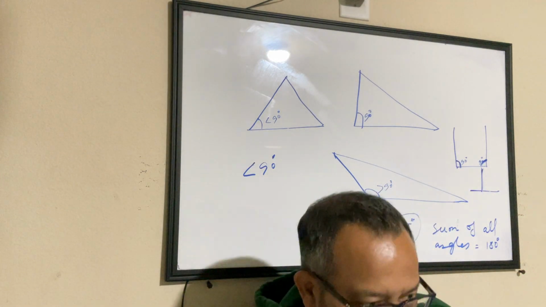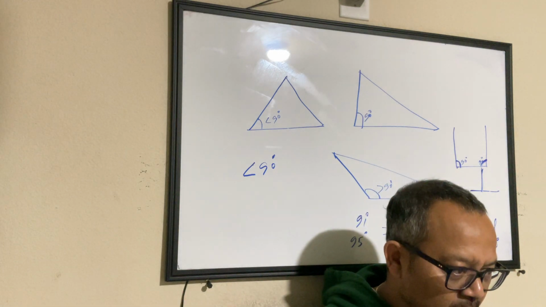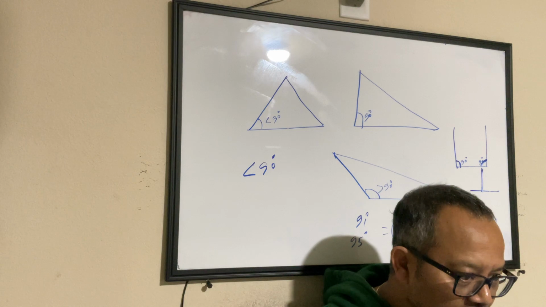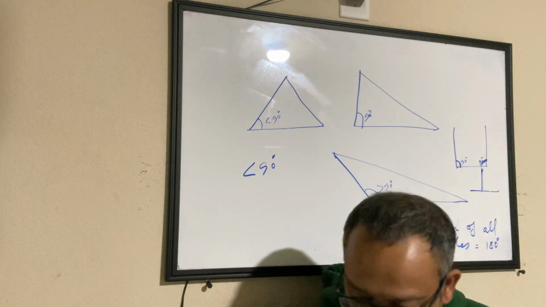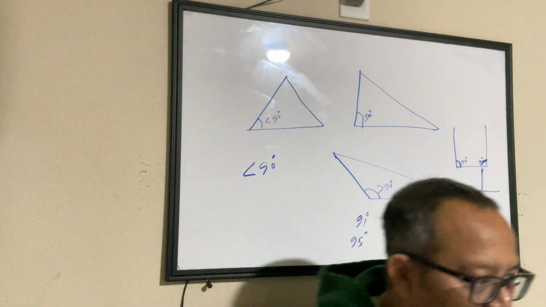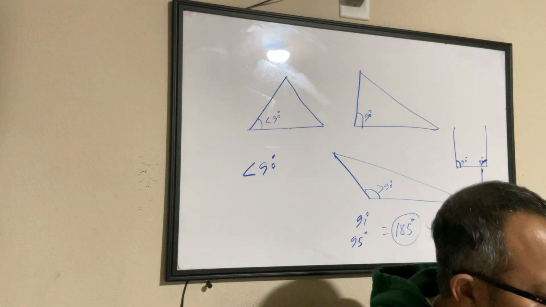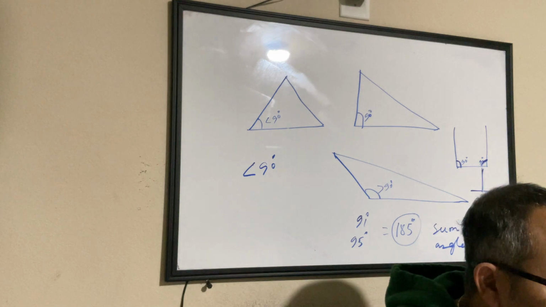You see, some of the triangles have different types of angles because they have an obtuse angle, a right angle, and an acute angle. A straight angle is usually like this.